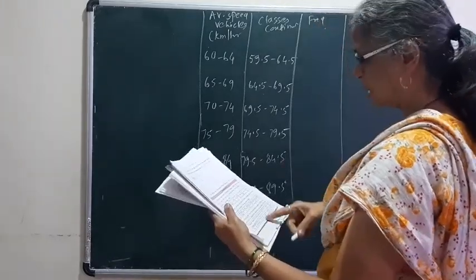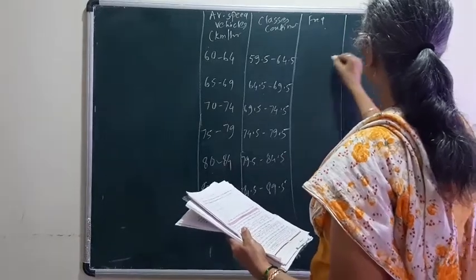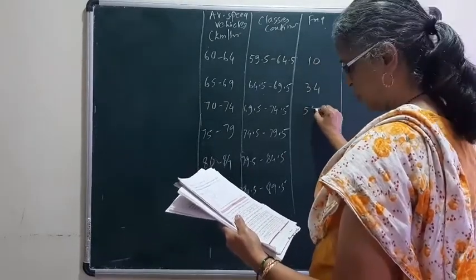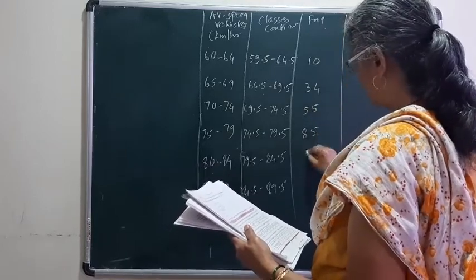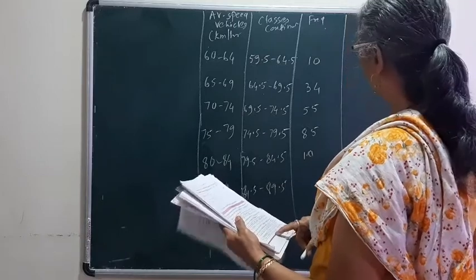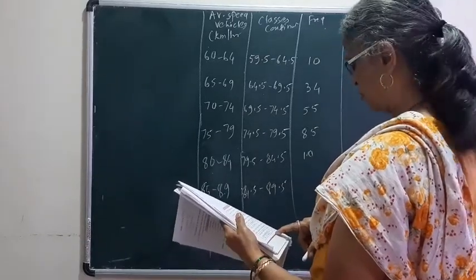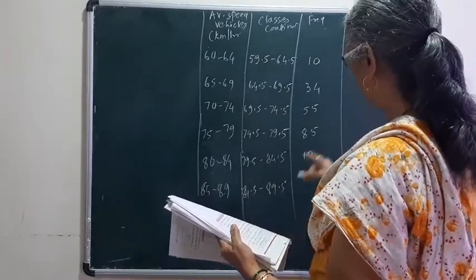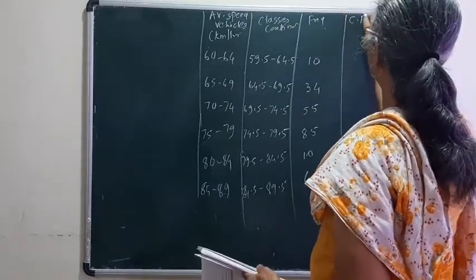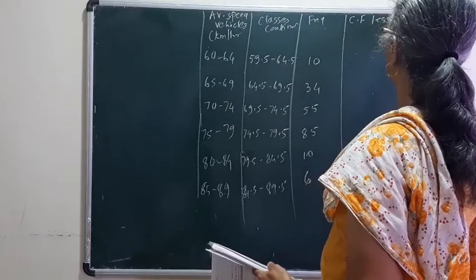The frequencies they have given are 10, 34, 55, 85, 10 and 6. The next column is CF, less than type.